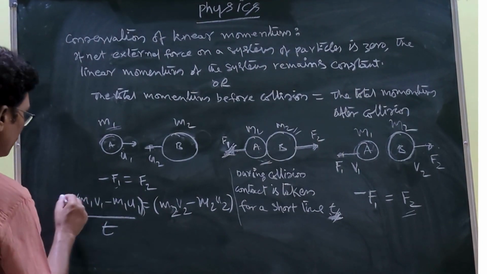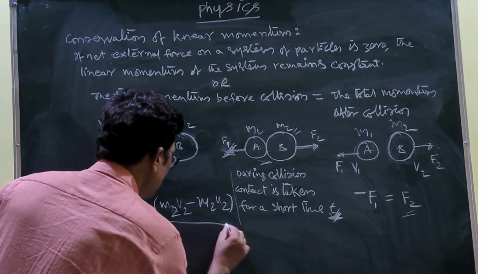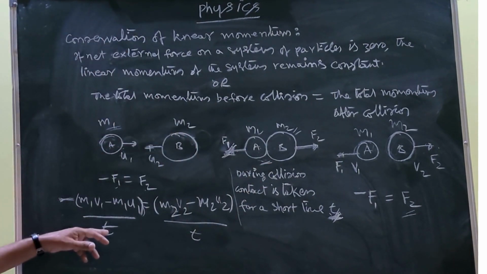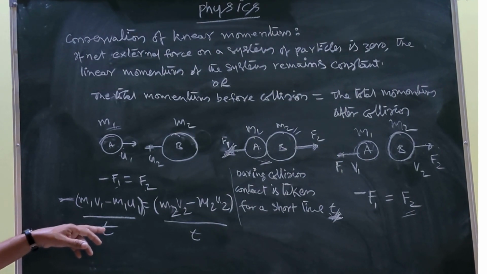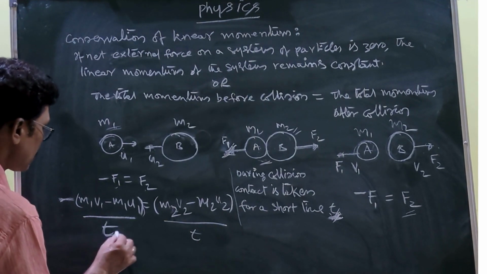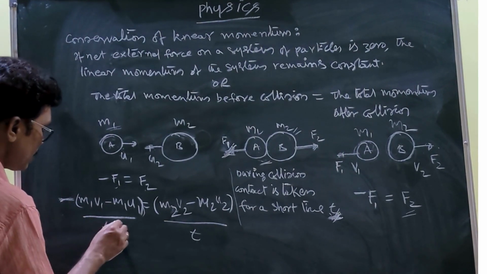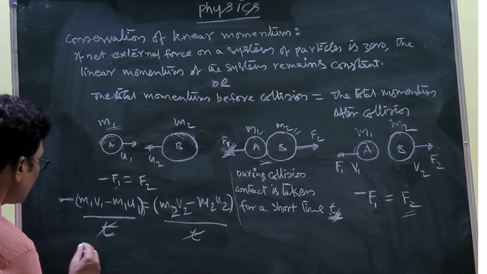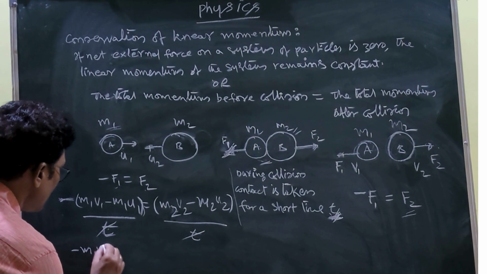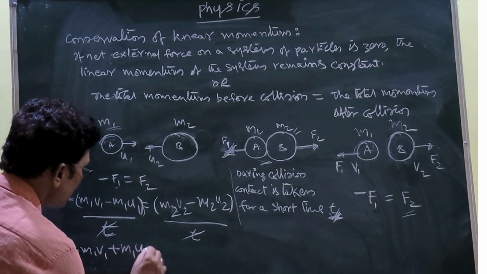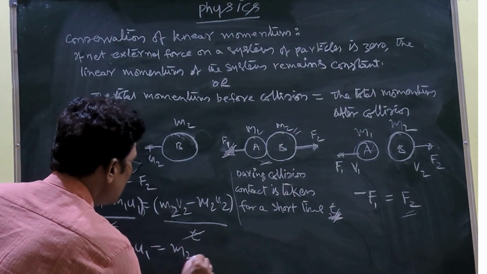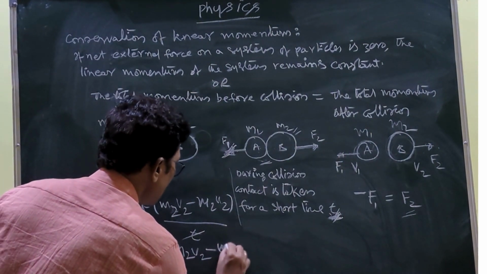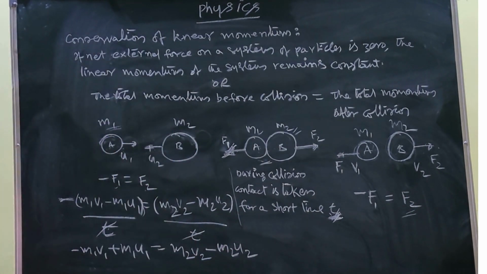This t is the time consumed by the two objects during the collision, and the same time appears on both sides, so they cancel. The equation can be rewritten as minus m1 v1 plus m1 u1 equals m2 v2 minus m2 u2.